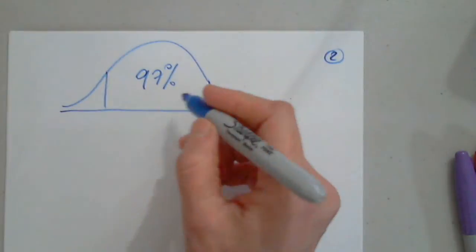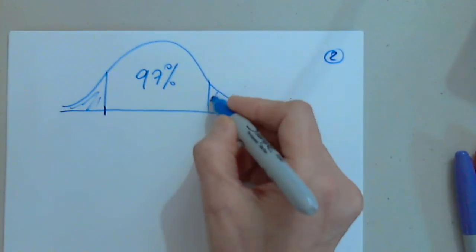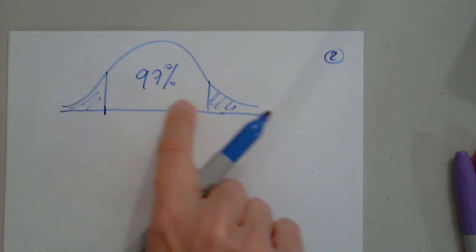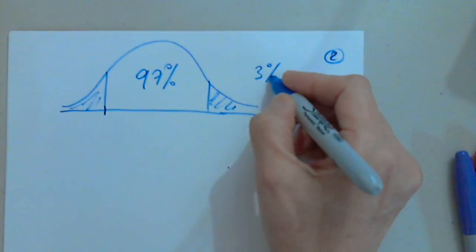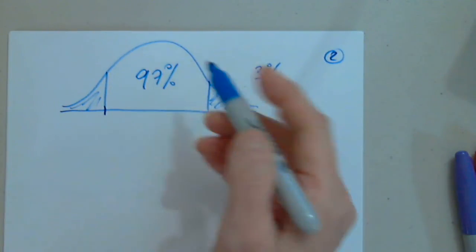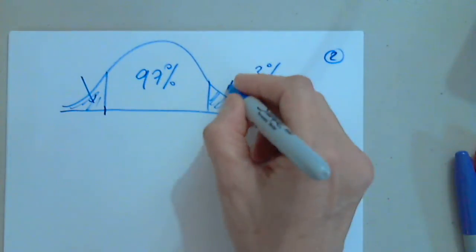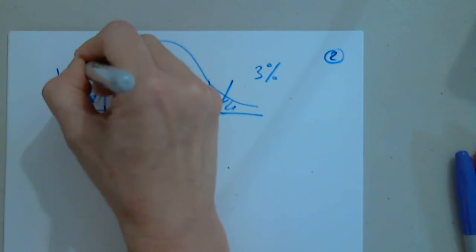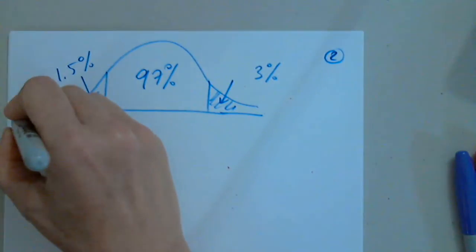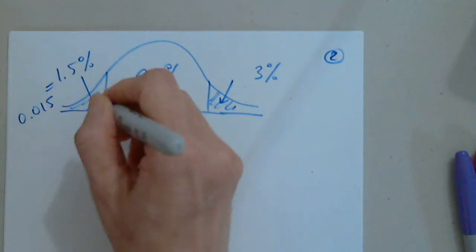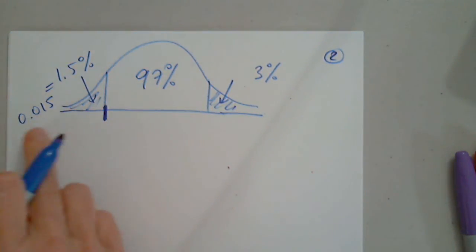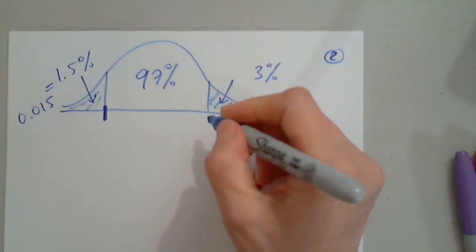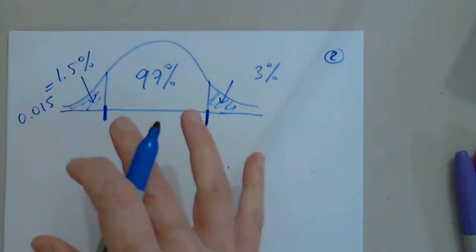So if this is 97%, this piece and this piece are equal, and their sum is 3%, because 100 minus 97 is 3. So this little piece is 1.5%, which has to be entered as 0.015, and I have to determine this with the left area using the inv norm.